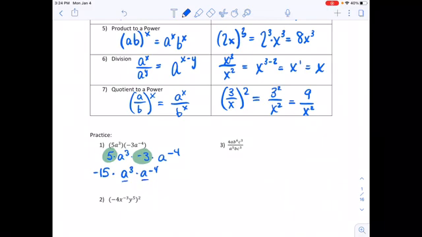So when I see like bases like this, that's really just going to end up being subtraction of the exponents. Actually, it's addition, but negative 4 is already negative, so it becomes like subtraction, I should say.